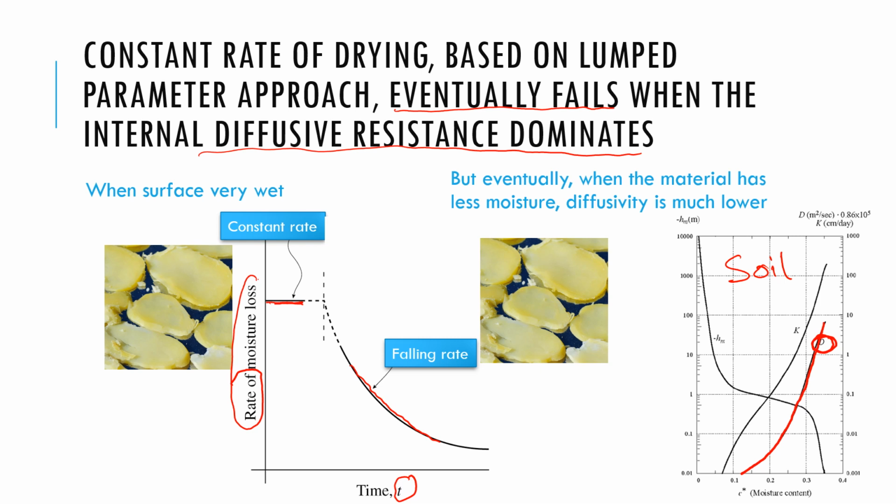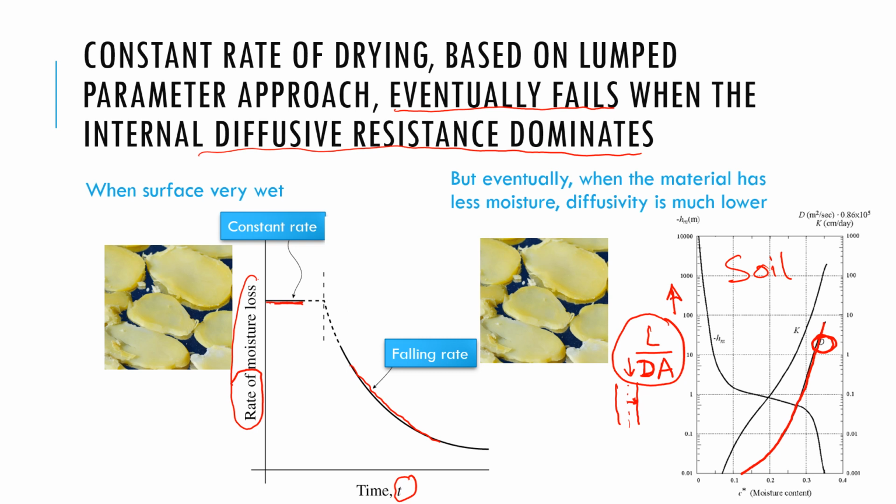And so if the diffusivity keeps getting lower, if this is the slice, then the internal resistance, remember we talked about internal versus external resistance. So internal resistance, if it's for a slab, is L over DA. So if D keeps going down, then this ratio keeps increasing.